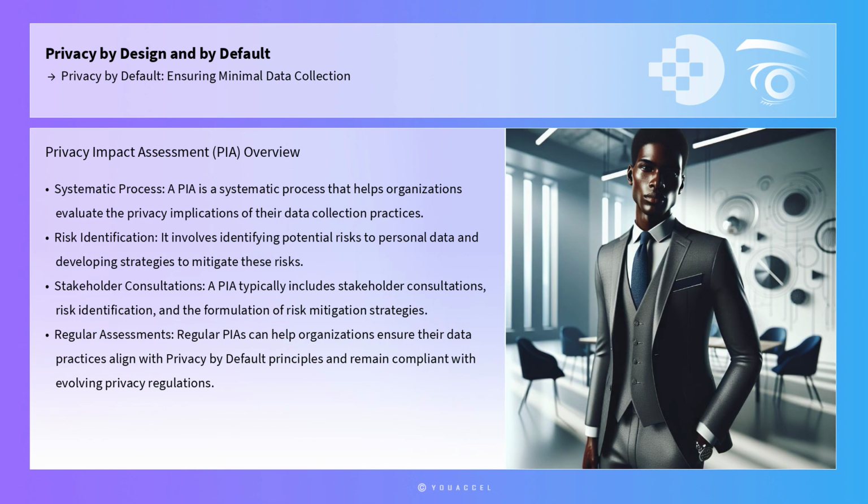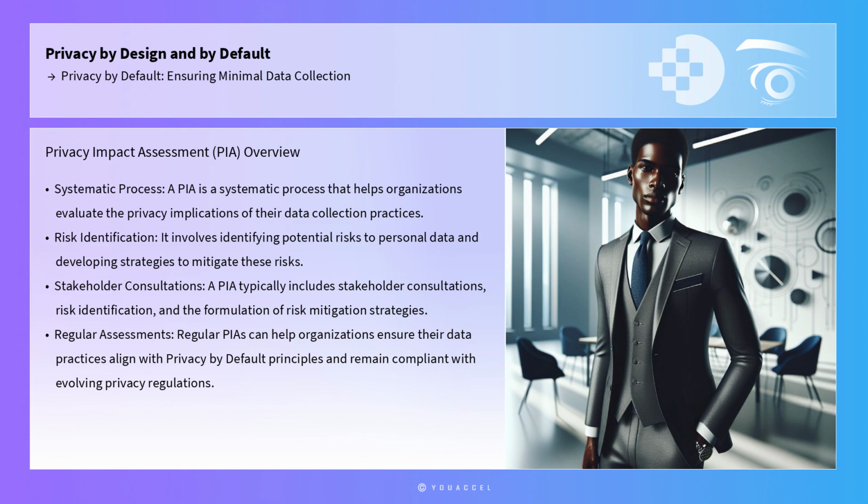Another practical tool for implementing privacy by default is the Privacy Impact Assessment. A PIA is a systematic process that helps organizations evaluate the privacy implications of their data collection practices. It involves identifying potential risks to personal data and developing strategies to mitigate these risks.